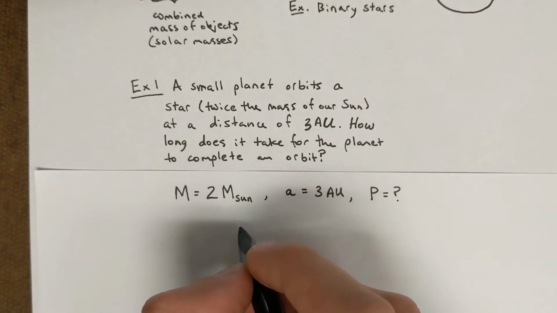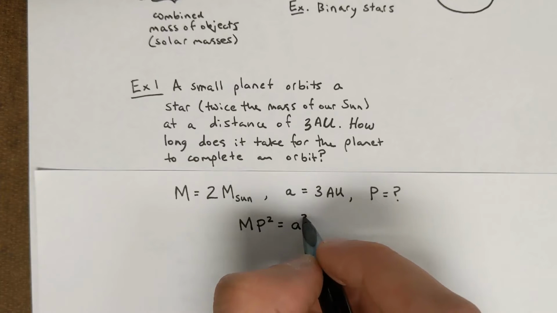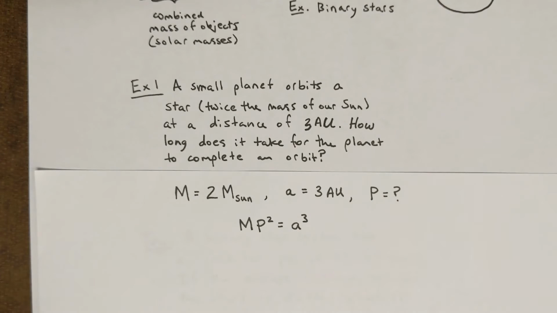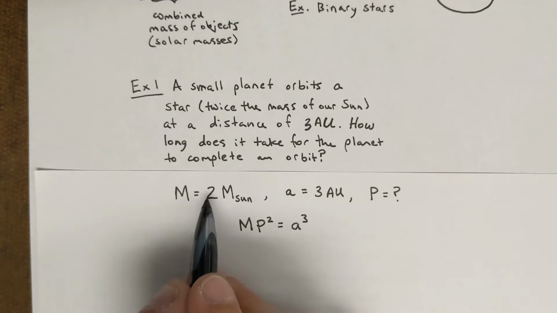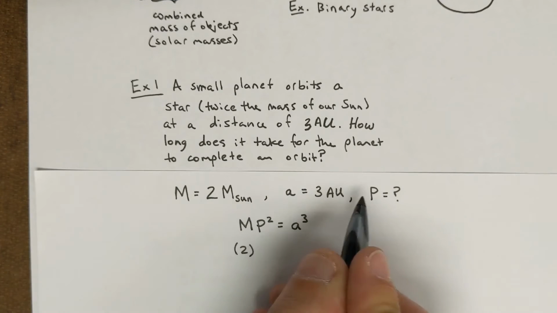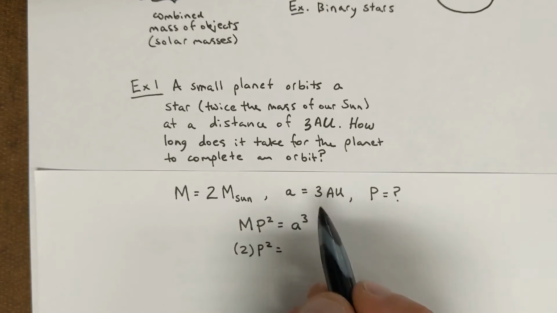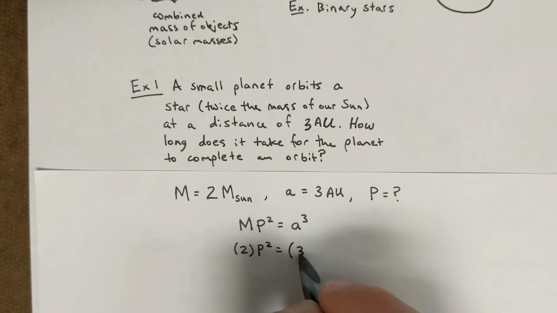Okay, and let's try plugging into the formula. We're going to use M P squared equals a cubed, right? This is the formula for a little object orbiting a big object. And we're going to substitute in our values. So 2 goes in for M. P we don't know, so we're going to leave it as P squared. And a is 3, so we're going to put 3 for a.